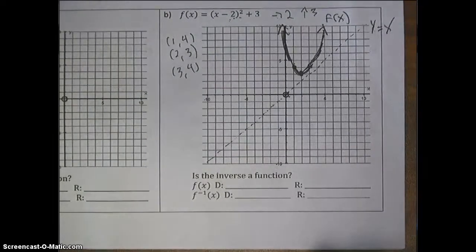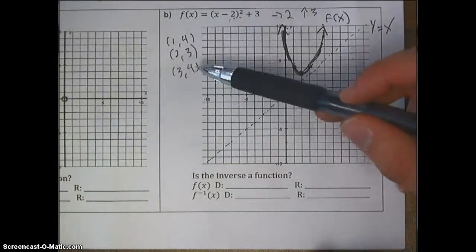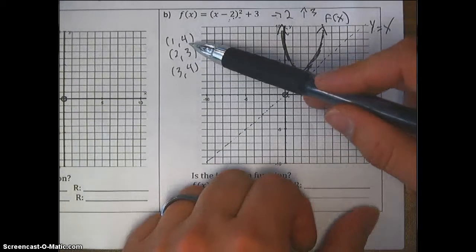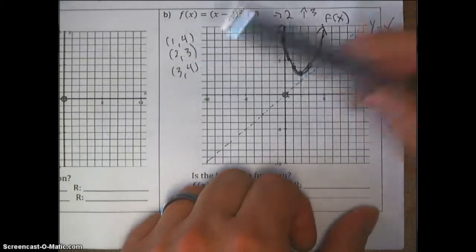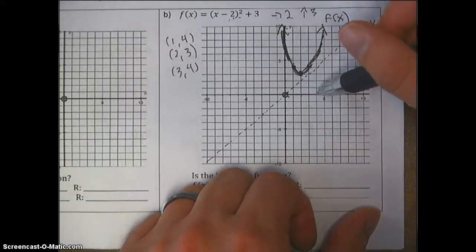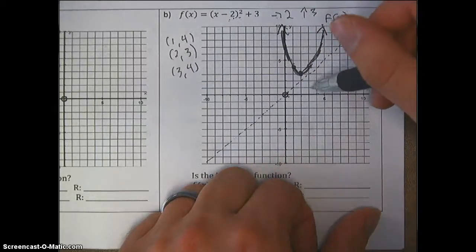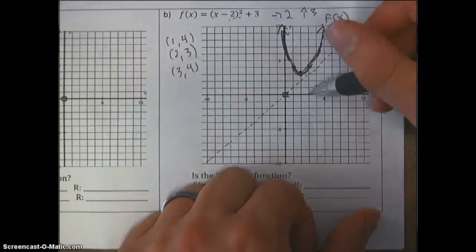Now to do the inverse, remember you just take each of these points and you flip the x and the y. So this 1, 4 becomes 4, 1. So over 4 up 1. That 2, 3 becomes 3, 2, over 3 up 2.